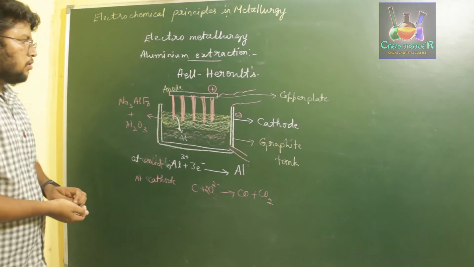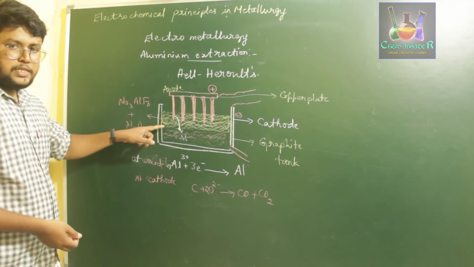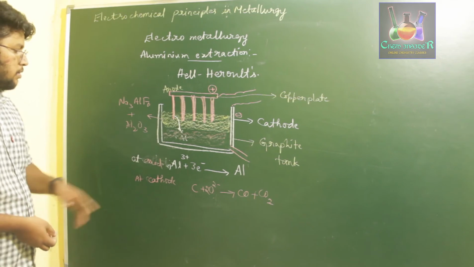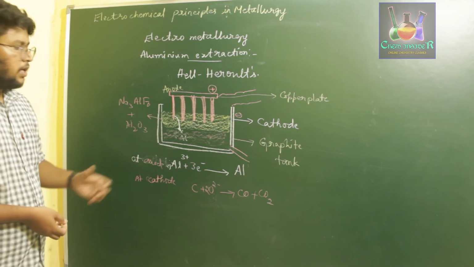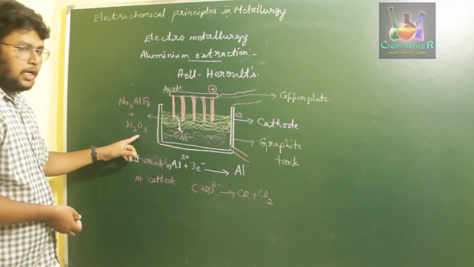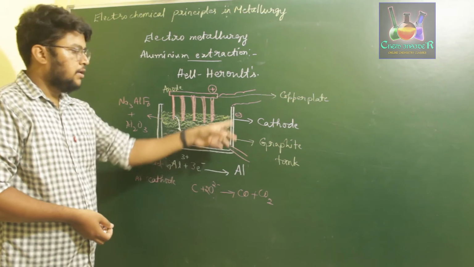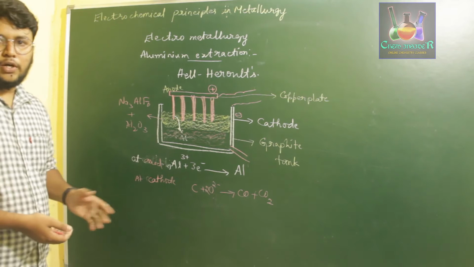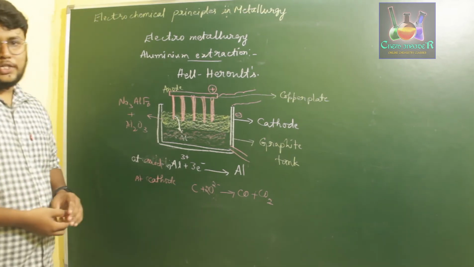Once a high electric charge is passed between these two electrodes, the aluminium ion present in the solution gets reduced to aluminium, and that molten aluminium settles down at the bottom. Okay. The oxygen liberated by the reduction of aluminium is consumed by the carbon, nothing but the graphite, and forms carbon monoxide or carbon dioxide. So this is the process of aluminium extraction by electrometallurgy.